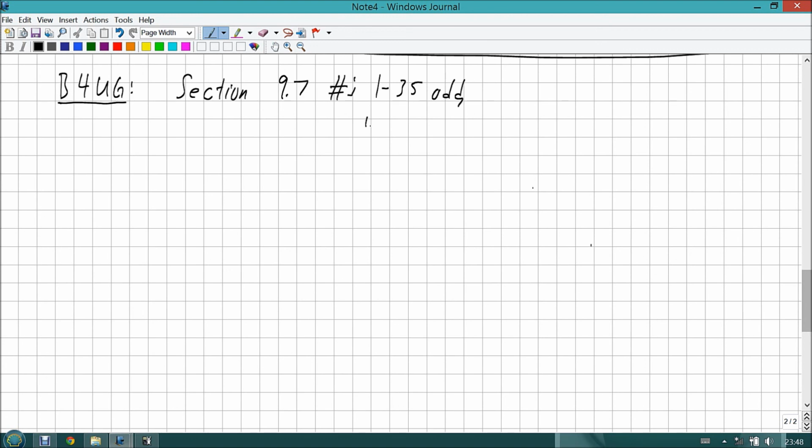And then 41, 43, and 45. Actually, I don't like 45. Let's go ahead and remove 45 and put 47 instead. Alright, there you go. Good luck, and have fun.